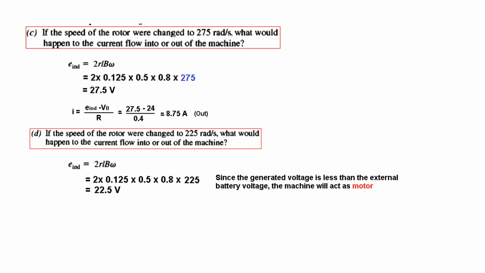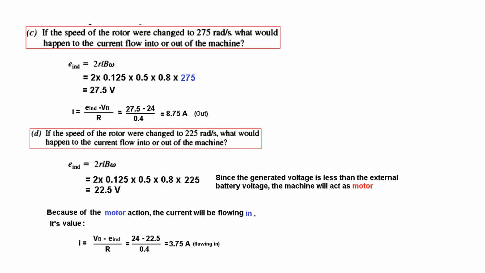That means it is operating as a motor. And for the current formula, since VB is greater, we write VB minus E induced divided by R, so 24 minus 22.5 divided by 0.4. So current now is 3.75 ampere, and obviously it is flowing into the machine.